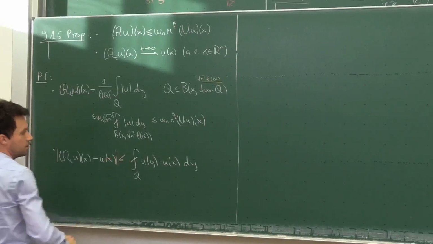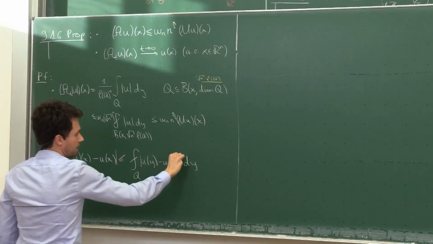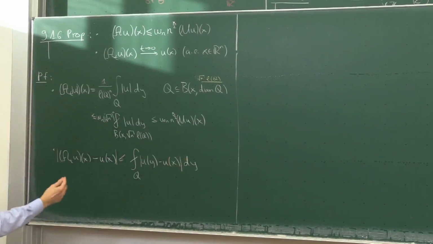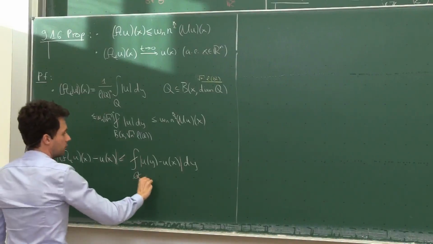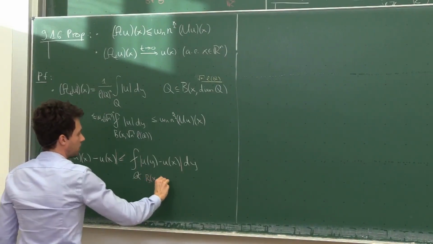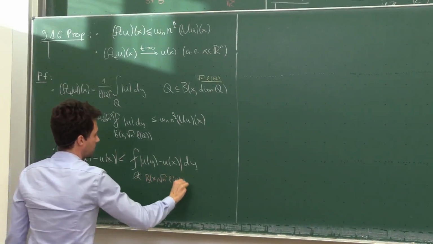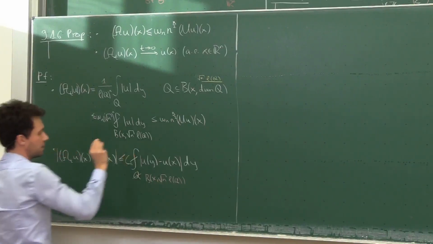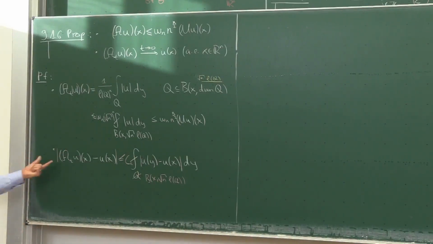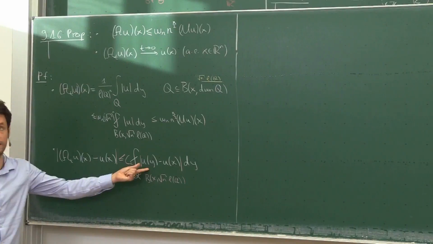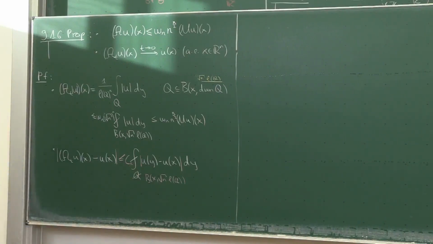You're going to make it less or equal. You make absolute value here, and then you change this to the ball of the first part of the proof at the expense of putting the respective constant there, and you see you control this difference by something that works for Lebesgue differentiation.